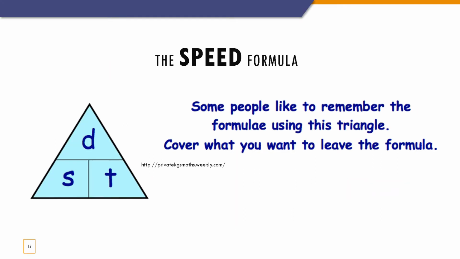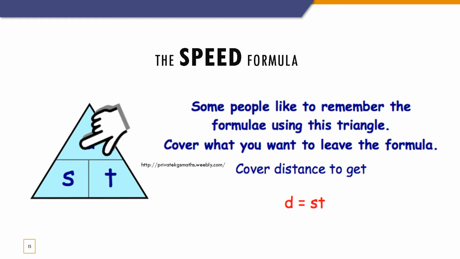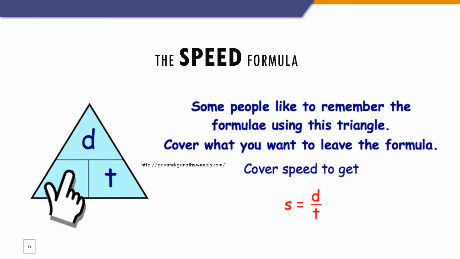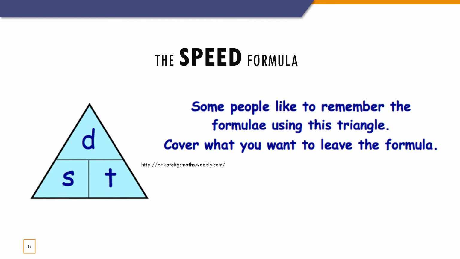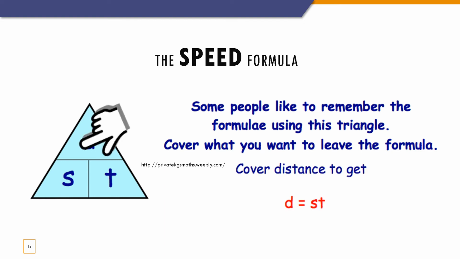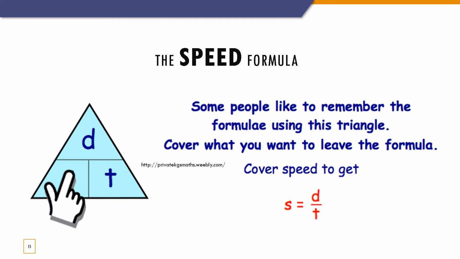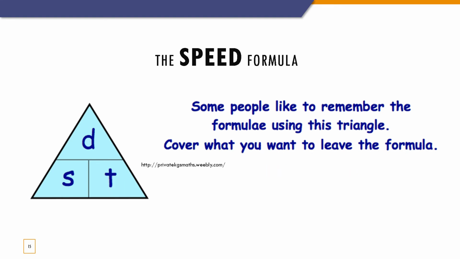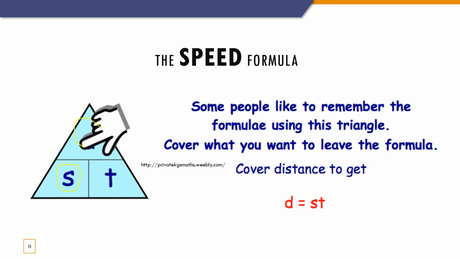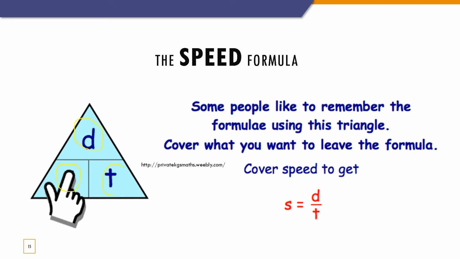But when it comes to the formula, ito lang din yung ginagamit nila. Speed is equal to distance over time. Dito po, sa speed formula, ginagamitan natin ito ng triangle. Bakit triangle? Para po makapag-derive tayo. Again, ang ating formula is speed is equal to distance over time.